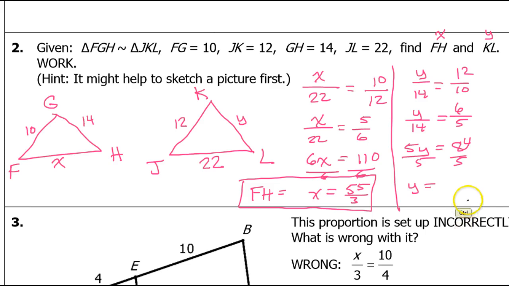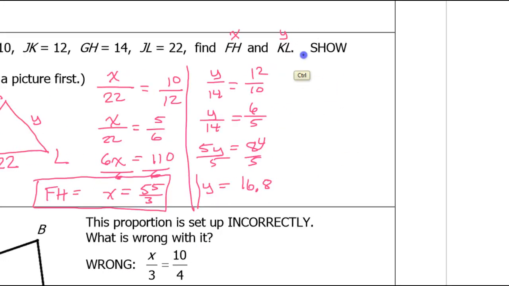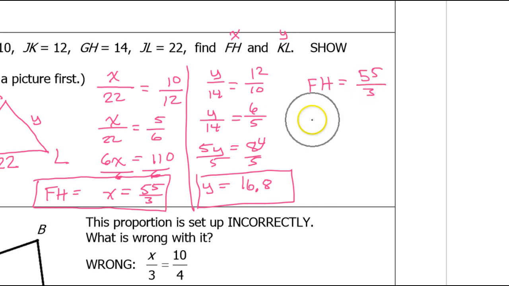So that's 16.8. Okay, now keep in mind that this was KL. So, you know what, maybe I'll write it off to the side. So we found out that FH is 55 over 3, and KL is 16.8.